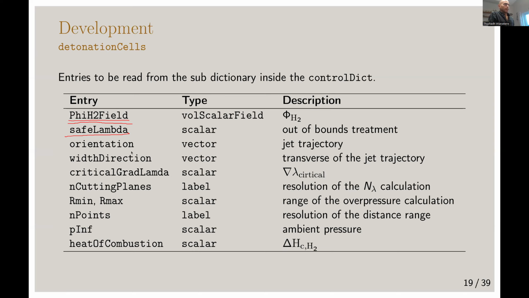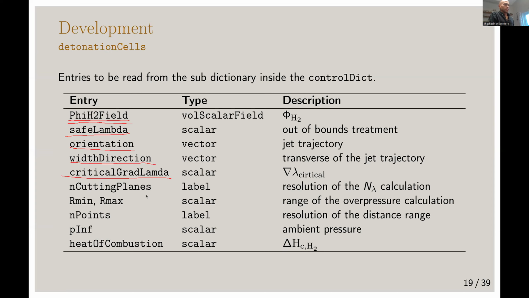And you also have to specify the orientation of the jet and the transverse direction of the jet. And then you can also specify the critical criterion, the second criterion. If you want to change it from 0.1 to a different value, you can also do that.